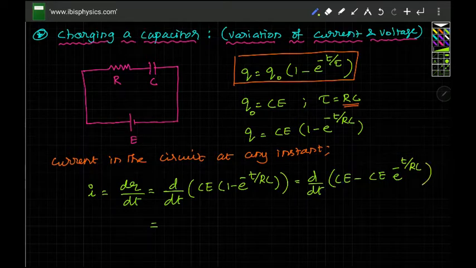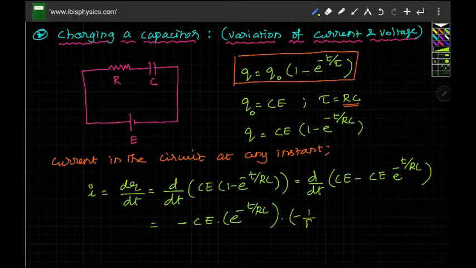So d by dt of C is 0, so it is minus CE into d by dt of e power minus x, which is minus e power minus x. Here x is t by RC, and when you differentiate it once you get minus 1 by RC.